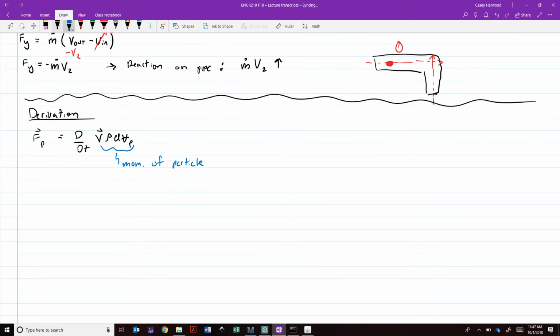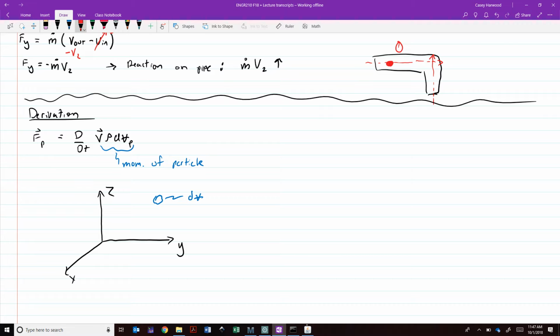Okay, at the same time, the location of that particle can be written in terms of any inertial reference frame. Remember, an inertial reference frame is just a reference frame or a coordinate system that is not accelerating. So if we draw a three-dimensional coordinate system, we could say we've got x, y, z. Maybe our little particle is out here. Okay, so this is our small volume.